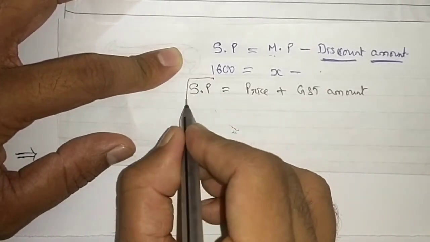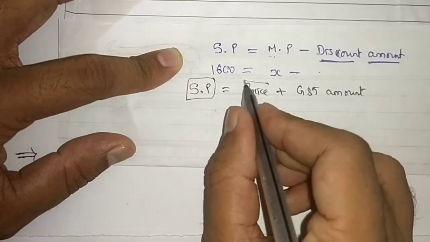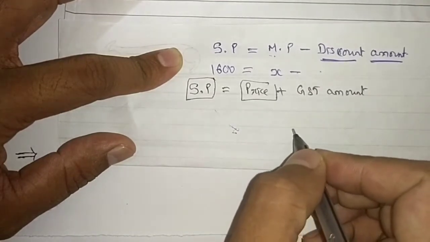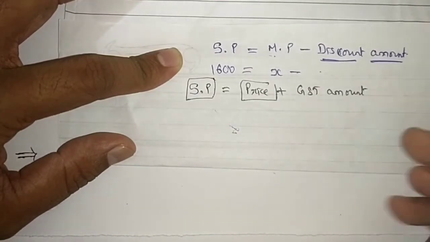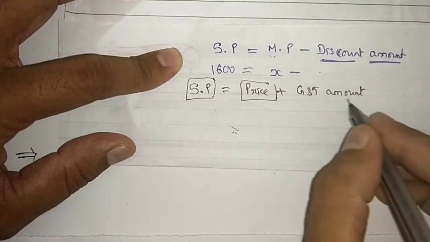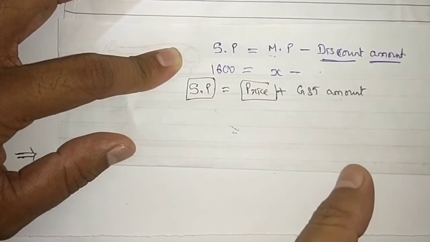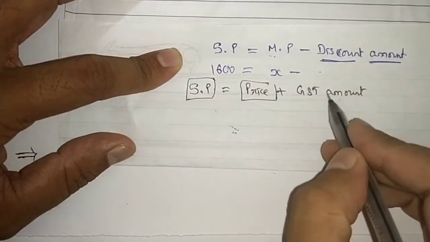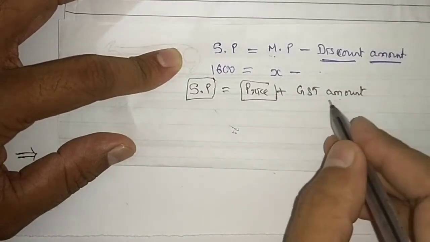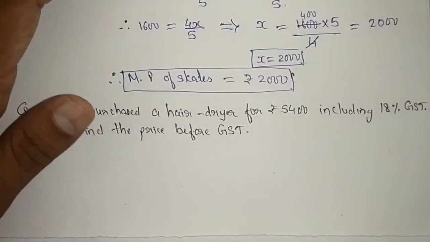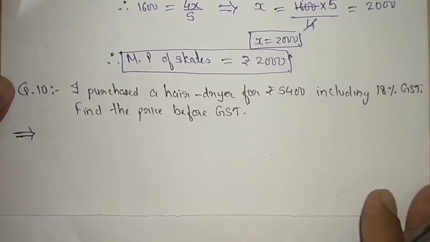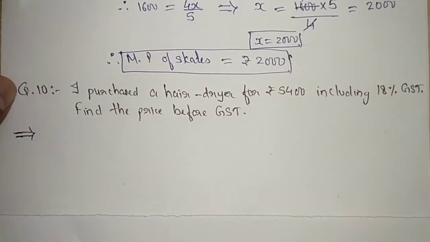That means the price which I have paid included the price plus the GST amount. So I have to find the GST amount and the original price, and selling price they have given us. GST percentage they have given us, so we will find GST amount from it. Whatever we are supposed to find, we will keep it as X.